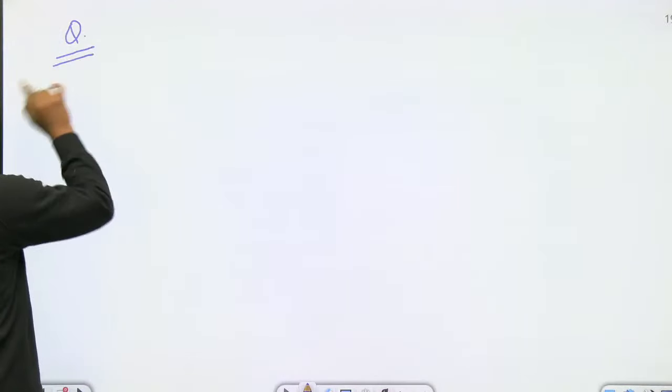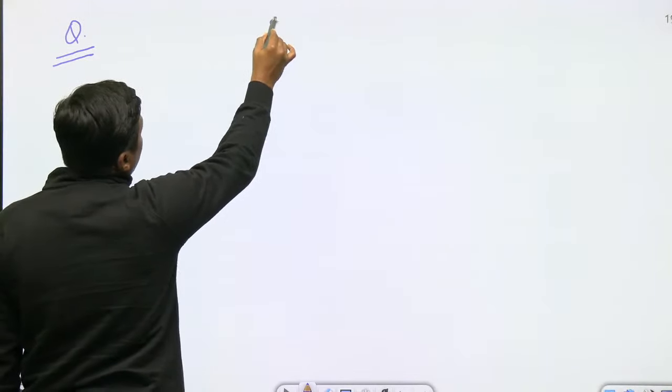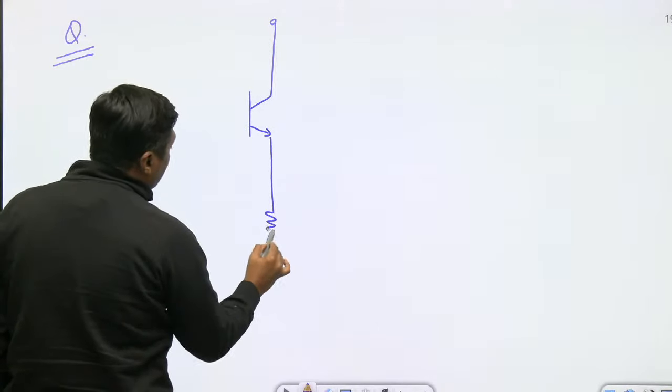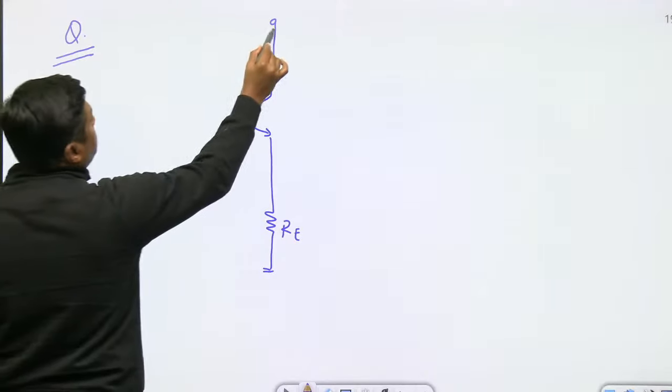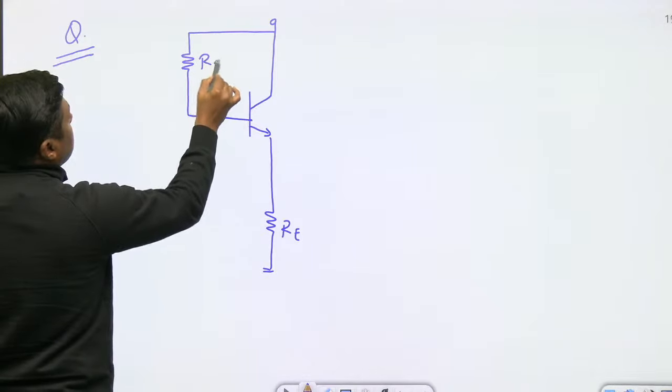Again on Zener diode, I am giving you one question. Try to solve this one or try to analyze this question. Here we are connecting the RE, and then we are connecting the RB here.